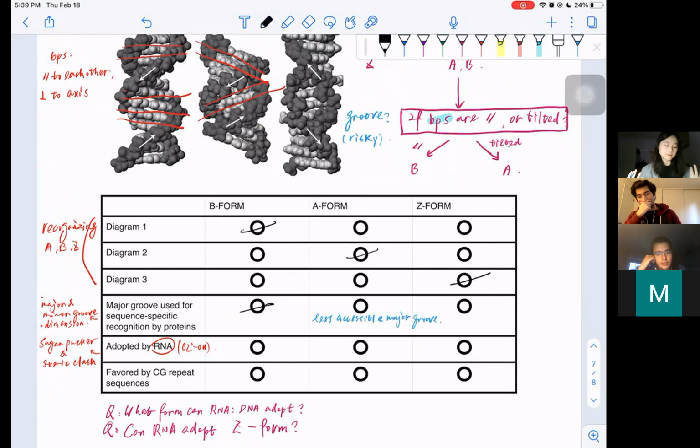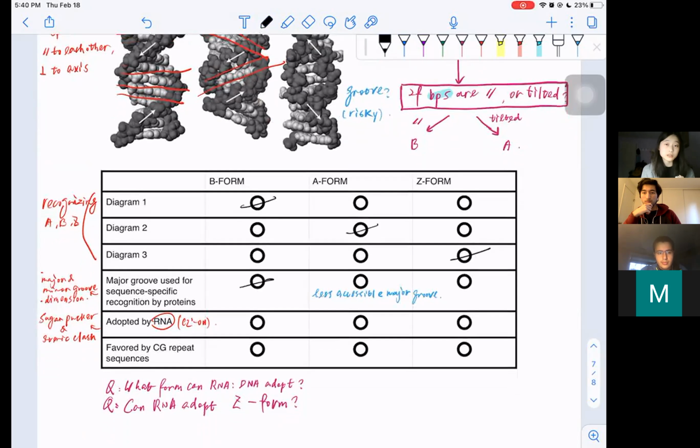Notice one major difference between RNA and DNA is this 2' hydroxyl group. In DNA, which is characterized in B form by this C2 endo conformation, the 2' hydrogen will be in close contact with the 3' phosphate group.